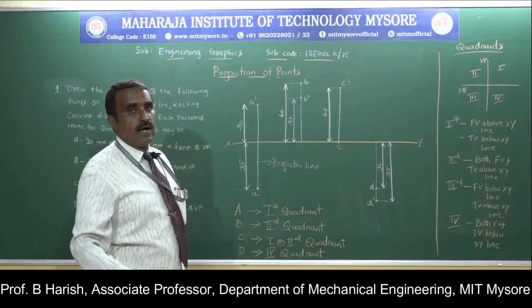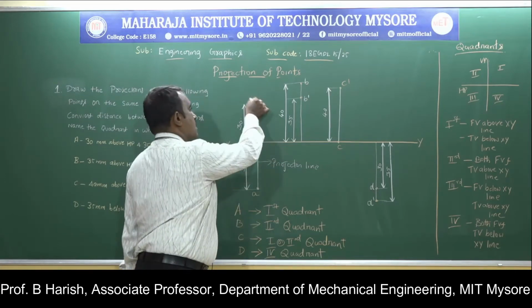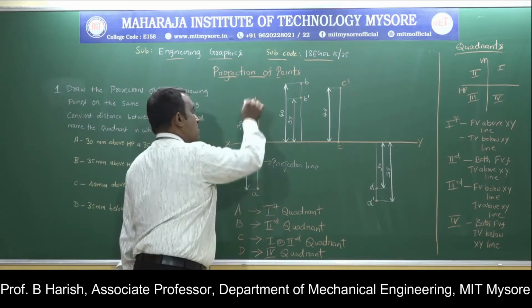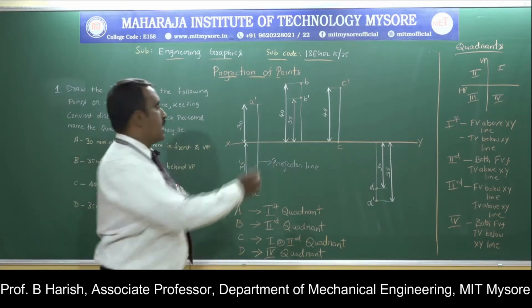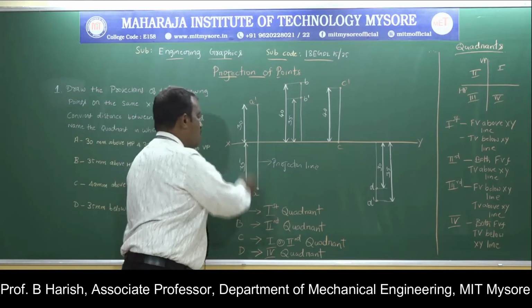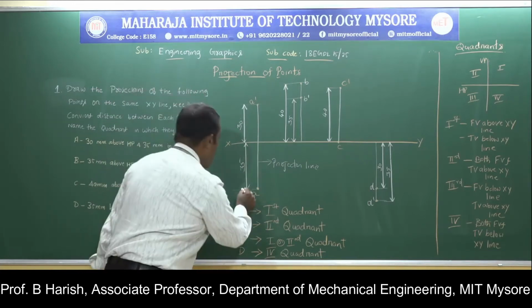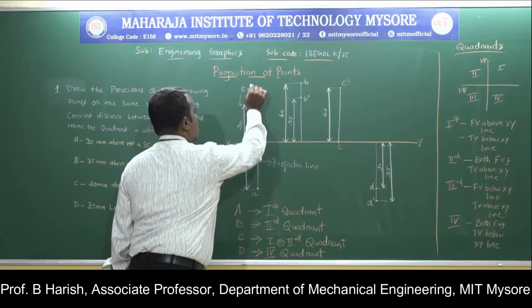So this is the projection of point A, here and here. Front view, as I just told, is represented with a dash, that is A dash, and this is A. Then show the dimensions. These are called extension lines, and this is also an extension line.